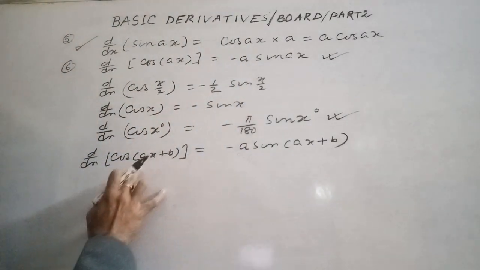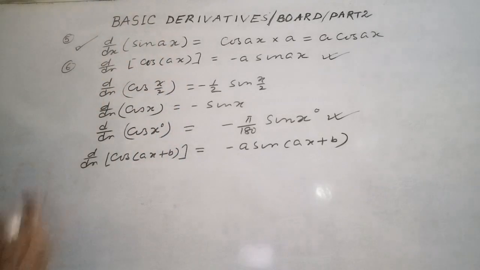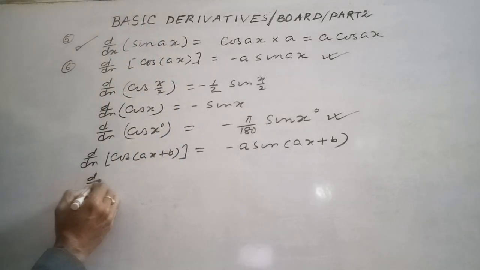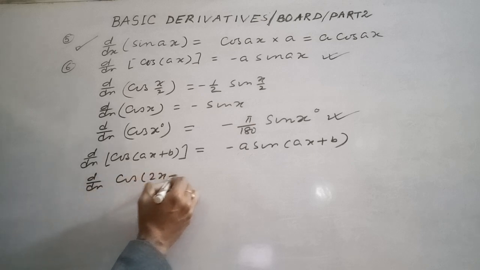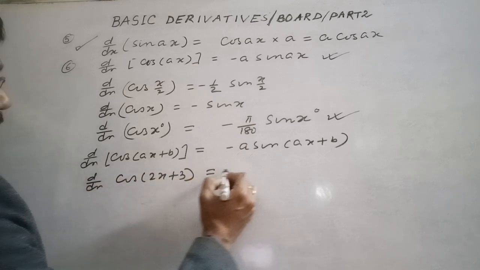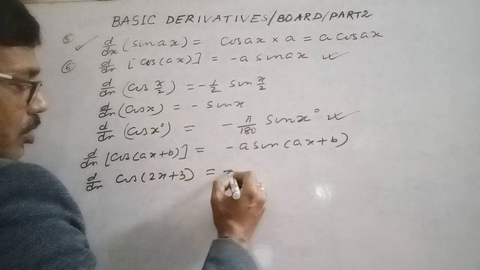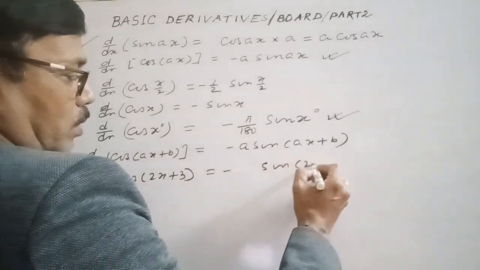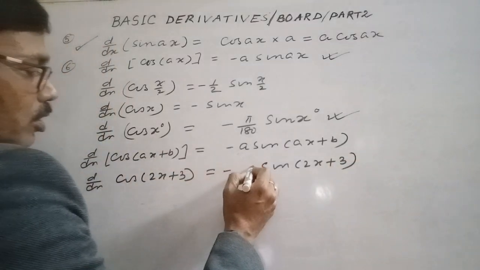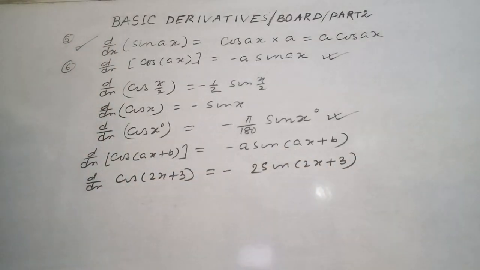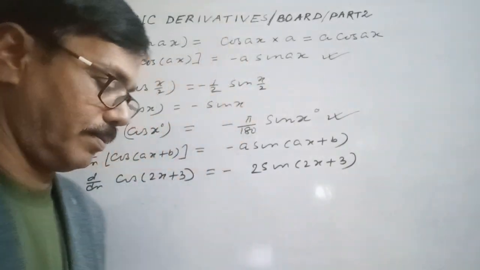If you put b equals to 0, you get this one. Now application, d dx of cos 2x plus 3. So minus sin 2x plus 3 into coefficient of x, 2 sin 2x plus 3.